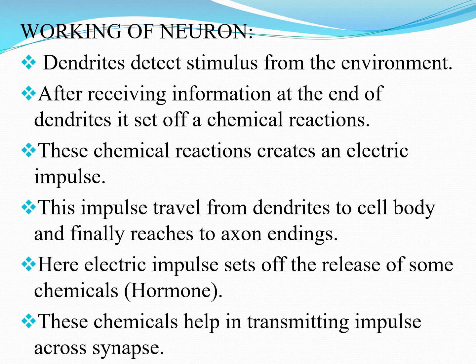This impulse travels from the dendrite to the cell body, then finally reaches the axon ending. Here the electrical impulse sets off the release of some chemical, that is, neurotransmitter, as I already told you. These chemicals help in transmitting the impulse across the synapse.